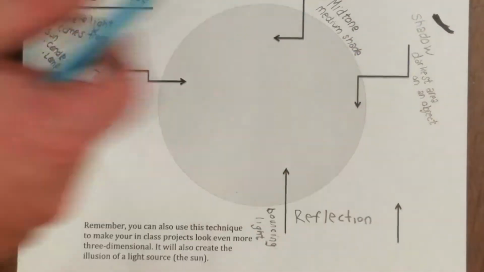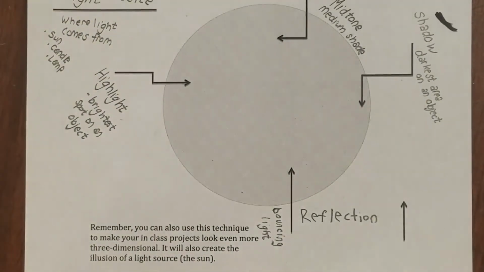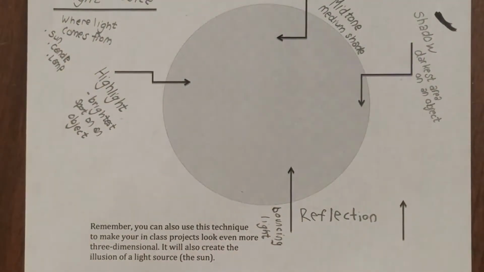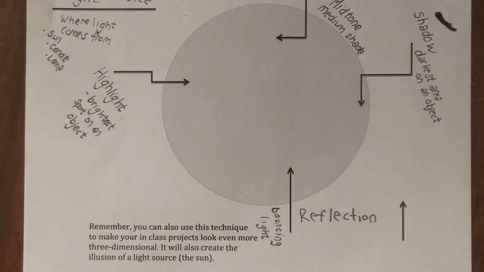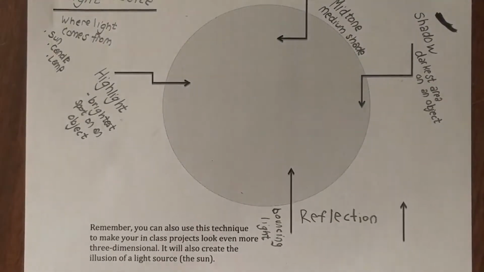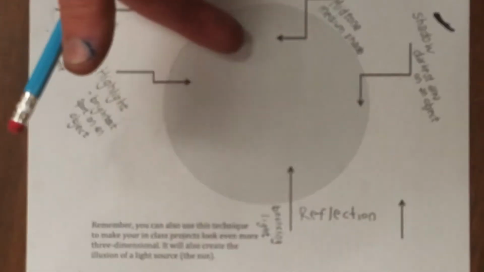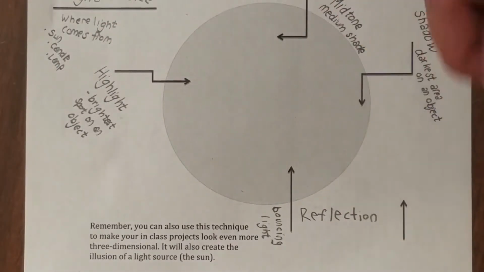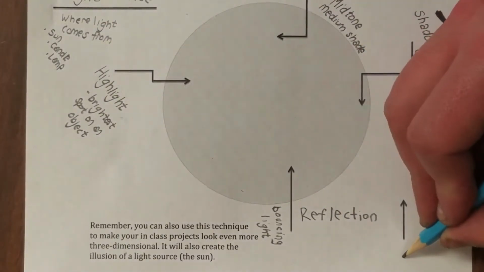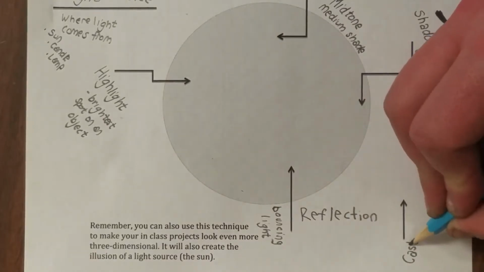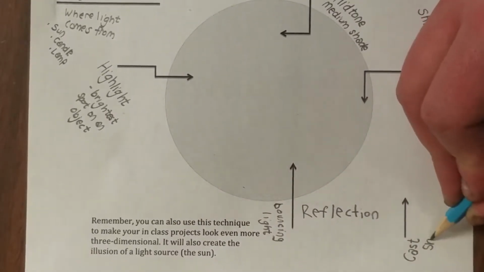Alright, and there's one last area way over there. And that is an area of darkness that happens because the object is blocking the light source. The light tries to travel in a straight line, object blocks it, and actually what happens is it casts a shadow. So this is your cast shadow.